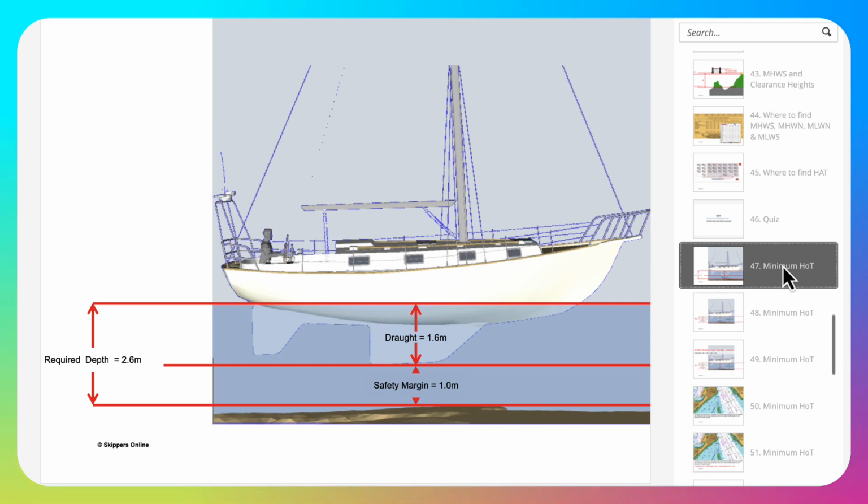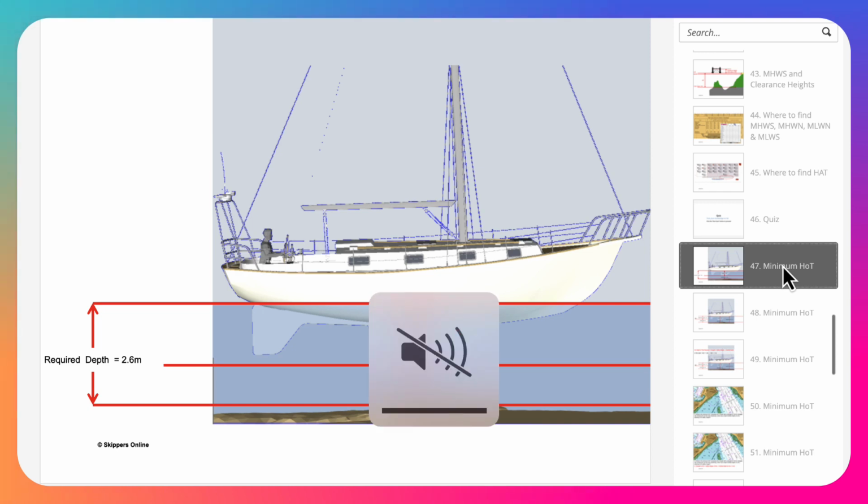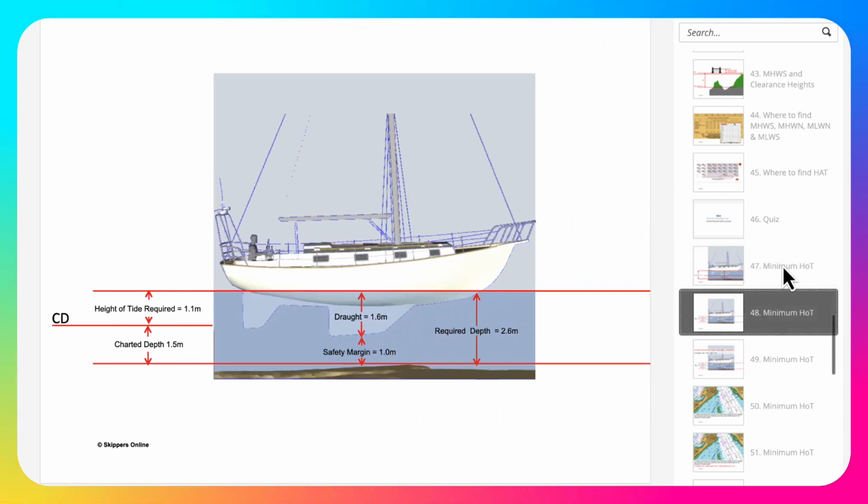If your draft were 1.6 meters and you wanted to leave a safety margin of 1 meter, then you would, rather obviously, require 2.6 meters actual depth of water. We know that actual depth is charted depth plus height of tide.